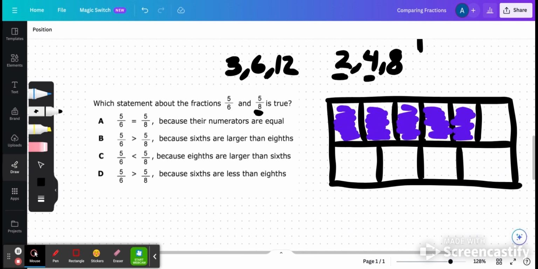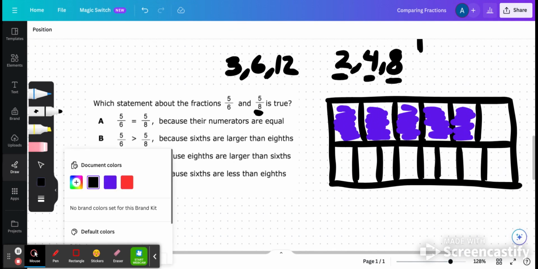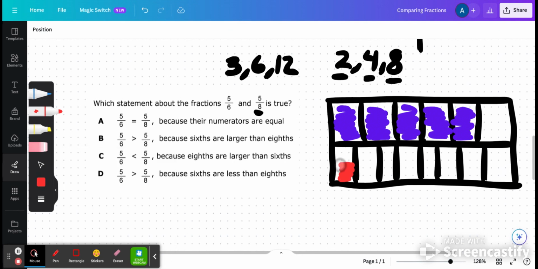And then we're going to take those fourths and cut them in half to get eighths. Okay, we've got our 8 equal parts, and the numerator tells us to shade in 5. 3, 4, 5. Okay, so now all we have to do is take a look and make our comparison.